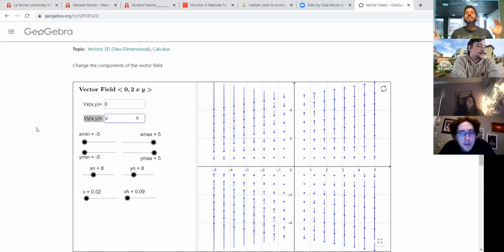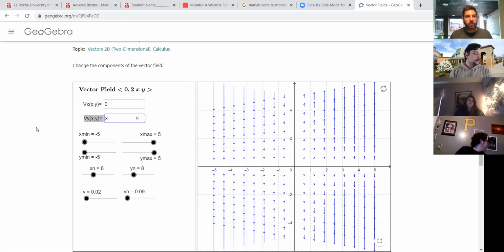Now, let's think of a physical world where this might be a model. This is called a shear field, and this kind of thing can be used to understand how certain winds behave. Imagine we're in a laboratory studying something. We have a wall, with air moving this way on one side of the wall, and I'm visualizing the y-axis as the wall, and then air coming the other way.